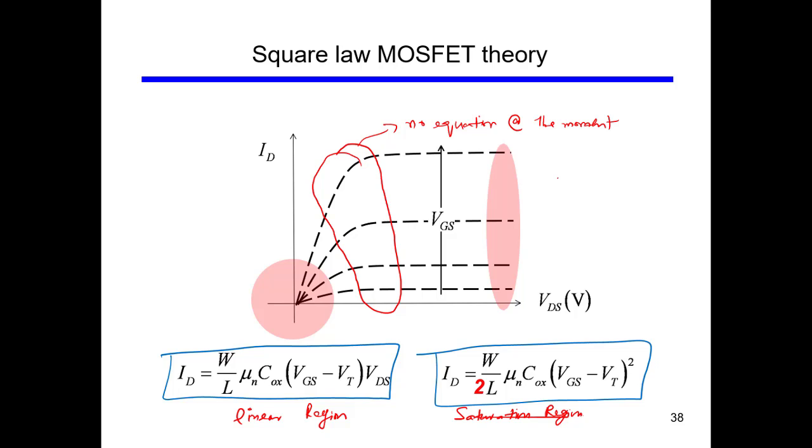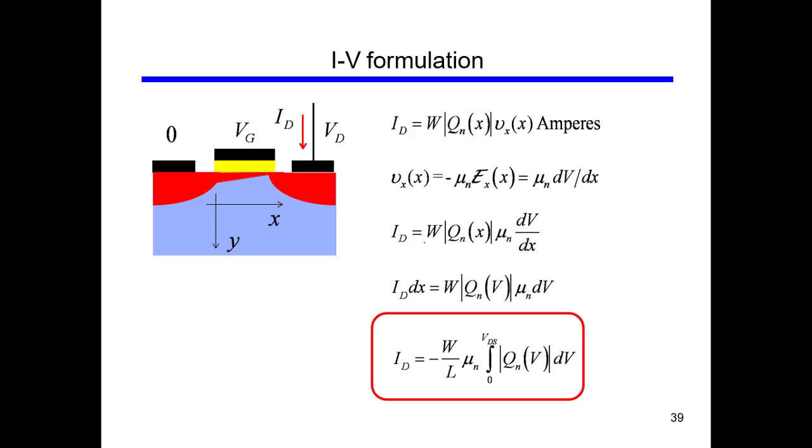So let's see. We start with this two-dimensional structure of MOSFET, and we already know this equation. This is the equation of current.